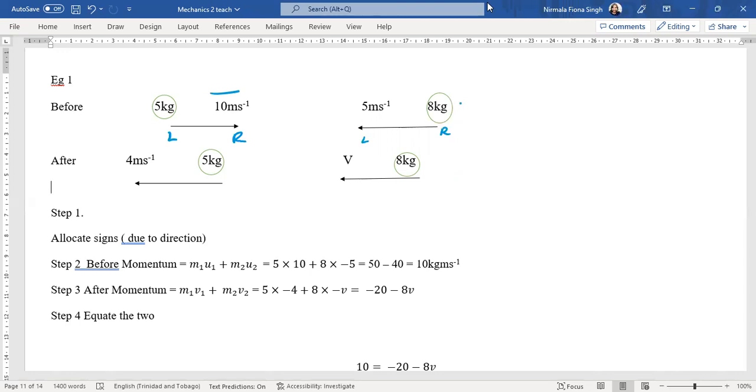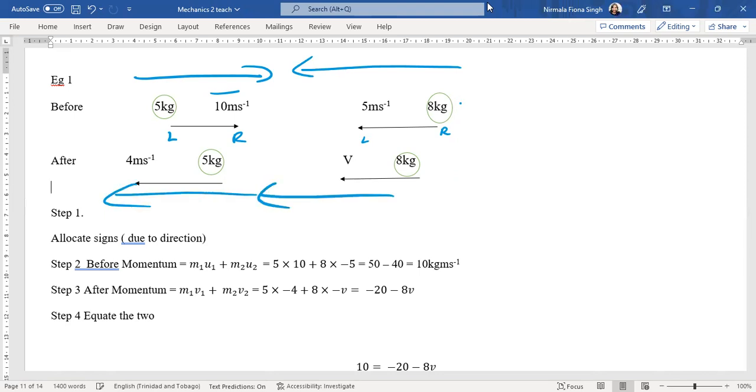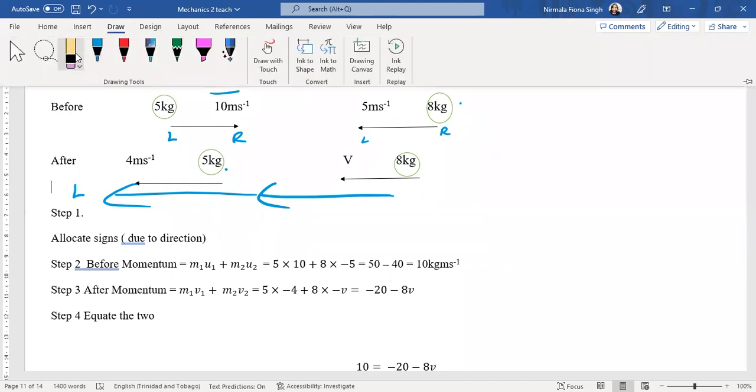So what we have here, my before event, I have one object coming in from the left, I have an object coming in from the right, and when they hit each other, both of them are going to move off in the same direction. In my after, my 5 kilogram object is now traveling to the left with a velocity of 4 meters per second. And my 8 kilogram object is still traveling left with an unknown velocity. We want to work out what velocity this 8 kilogram object is now traveling with.